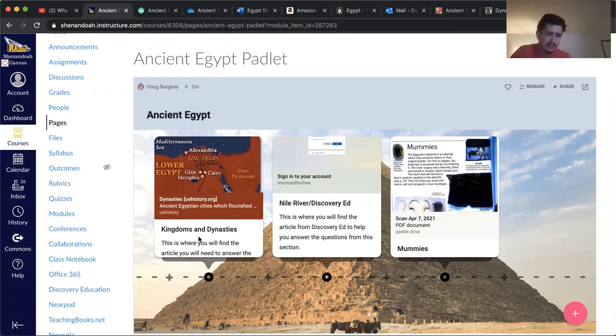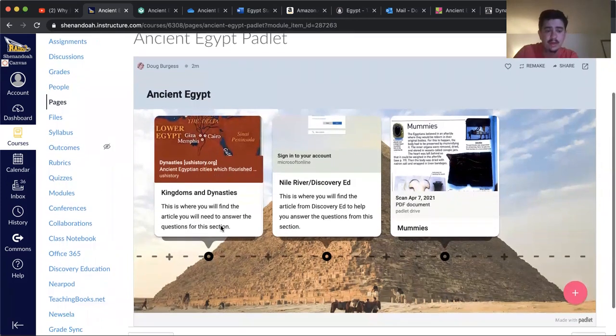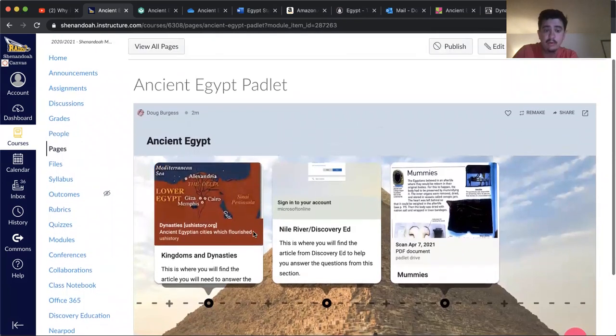The two new things are going to be the kingdoms and dynasties of Egypt. Essentially, that is the different time periods of Egypt. You'll read about it in here, but we, as historian people, have broken ancient Egypt down into three general sections: Old Kingdom, New Kingdom, and Middle Kingdom.